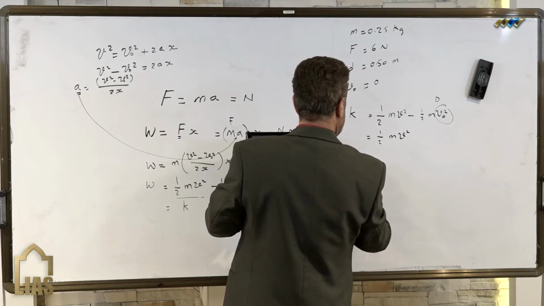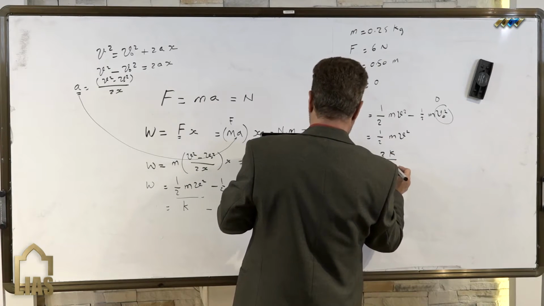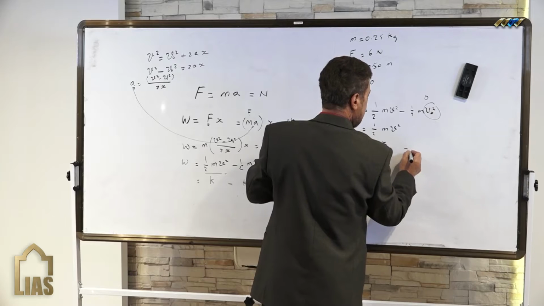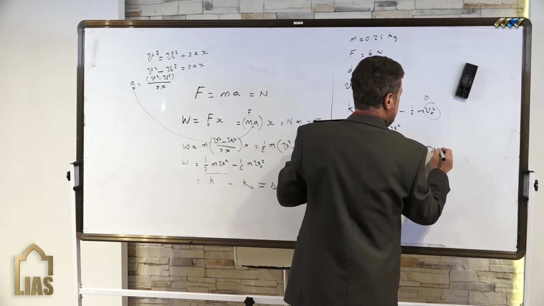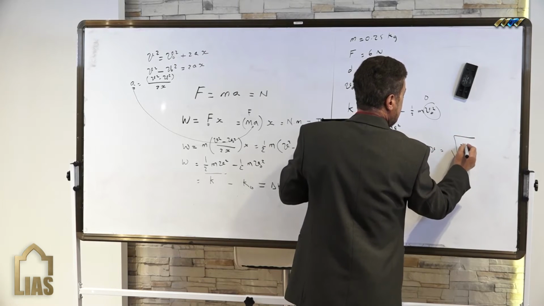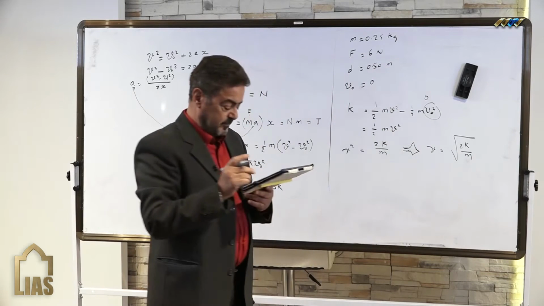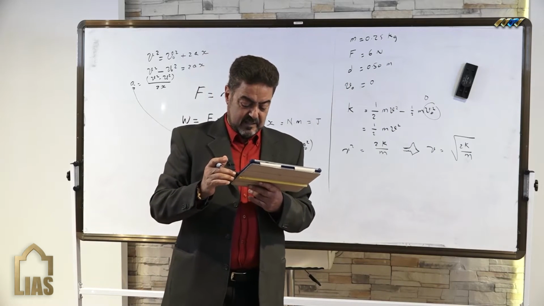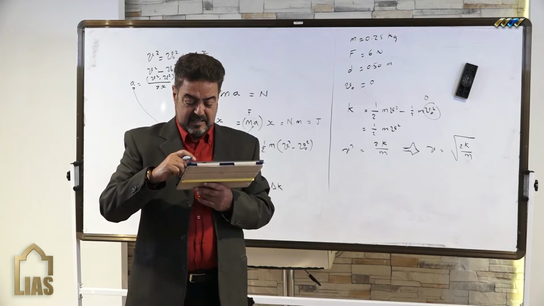V squared is equal to 2K over m, or v is equal to the square root of 2K over m.